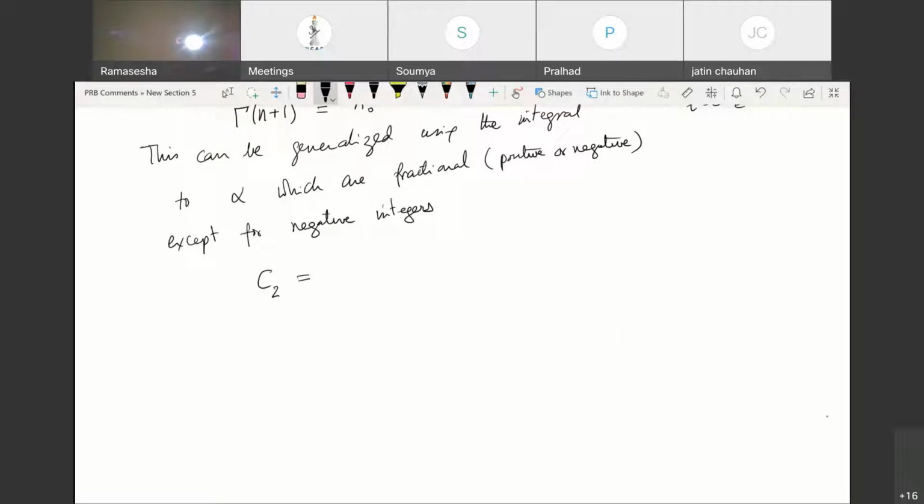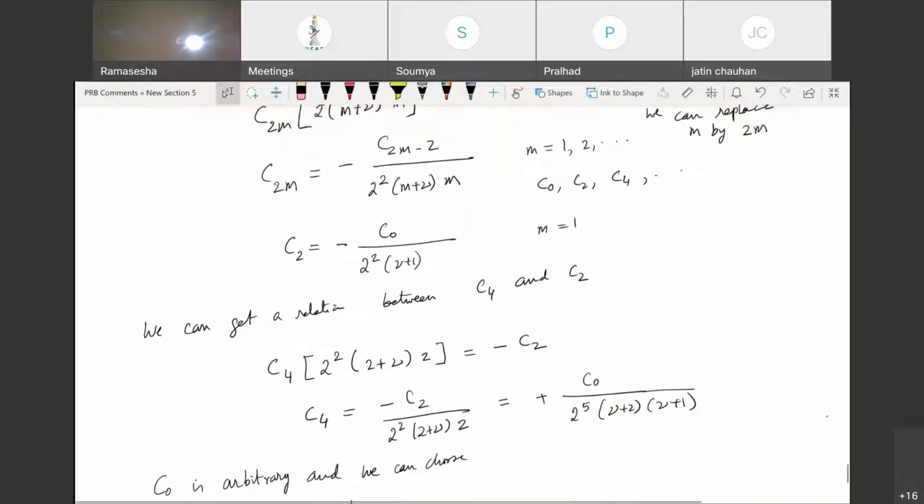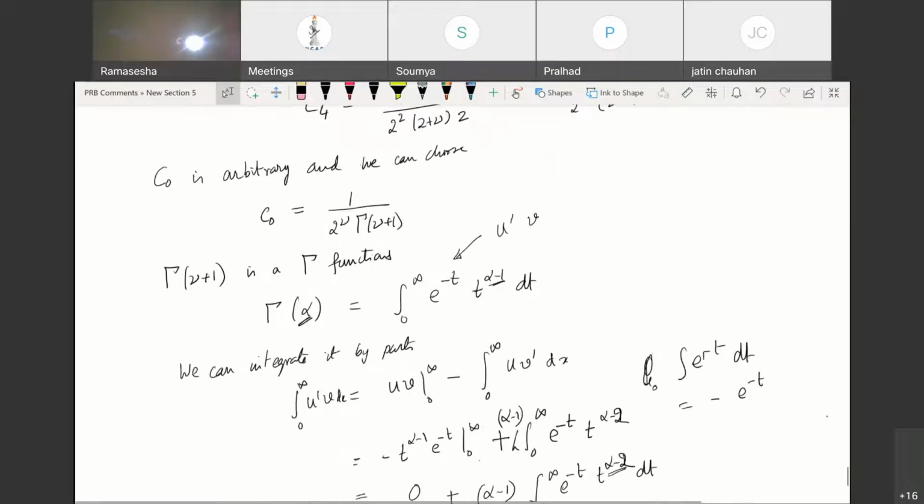Into u plus 1. Okay, so that was what we took.